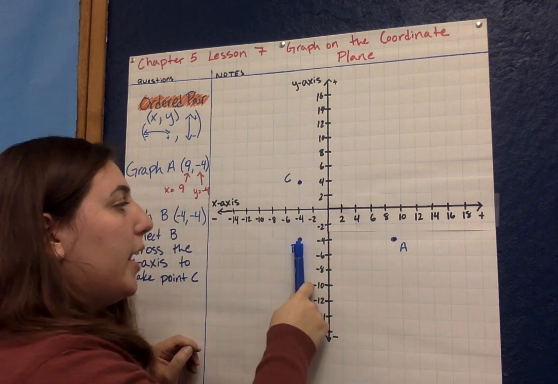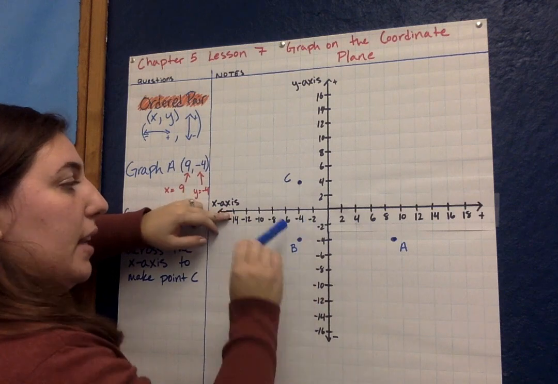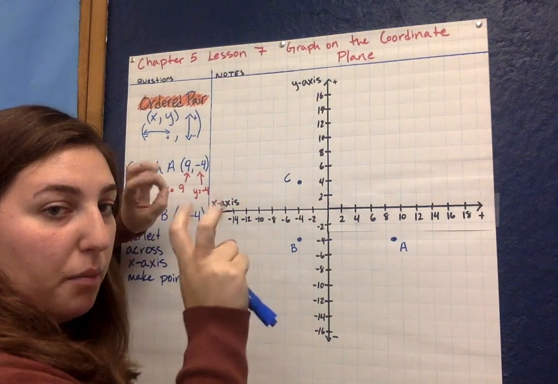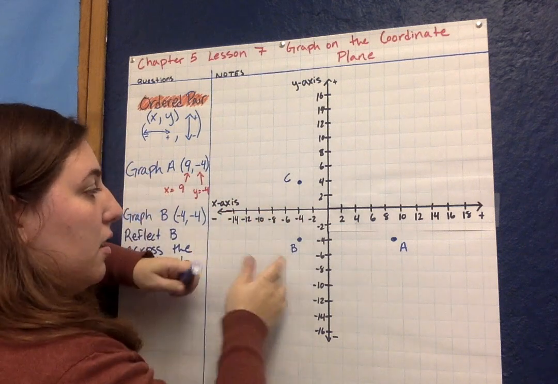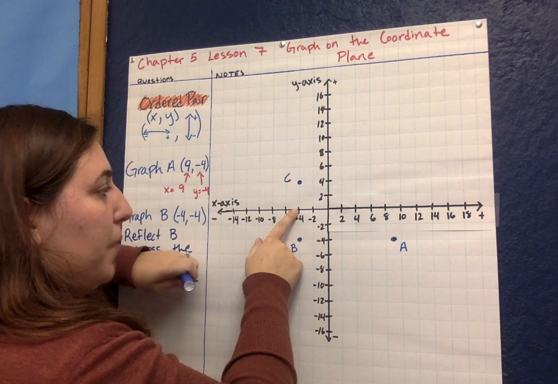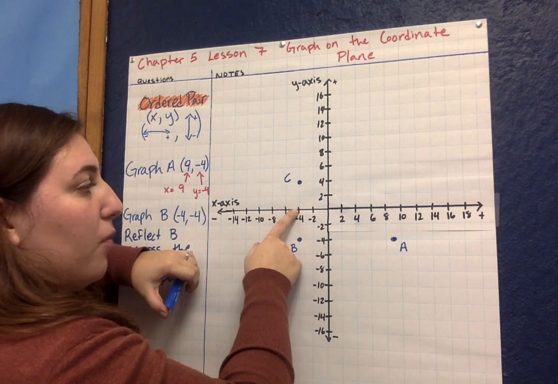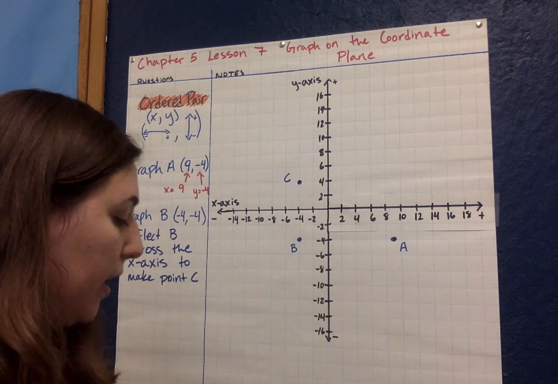Okay, so you're going to be looking at the same thing. Just imagine the x-axis as the 0 marker. Okay, and I'm doing bunny ears because we're just imagining it as the 0. Okay, so B is 4 units away from the x-axis, so the reflective point needs to also be 4 units away.